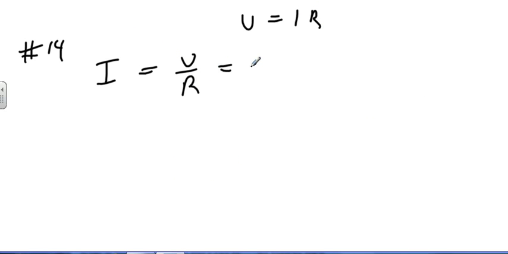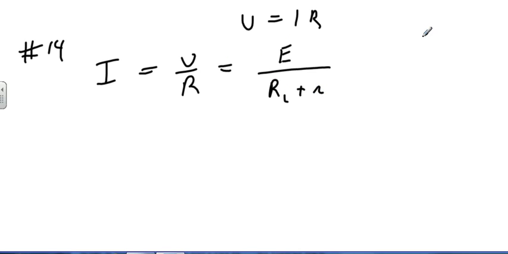14. So the current, let's see, V is equal to IR, so that we know that. So current is going to be V divided by R. And in this particular case, we're using E for the V, and we're using the resistance of the load plus some little r.